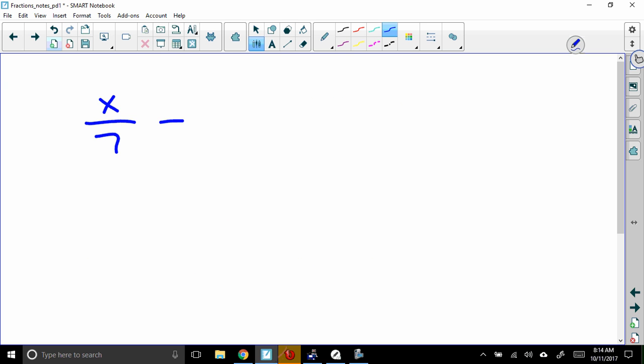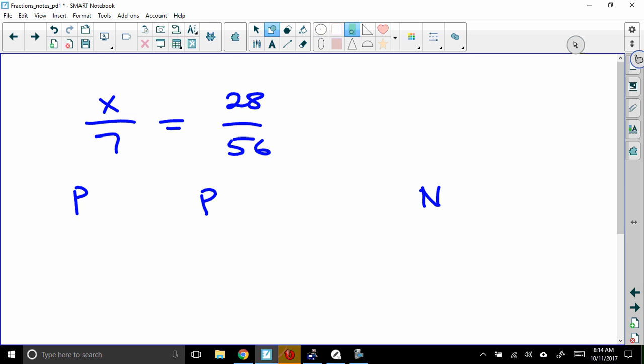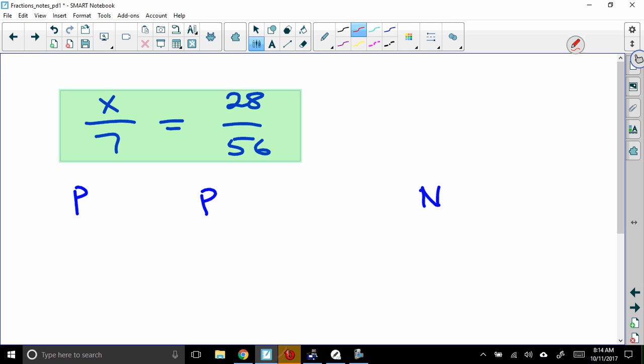X is to 7, as 28 is to 56. What's that called? Starts with a P, has another P in it, ends with an N. Cross-multiplying is used to solve one of these. 7 times 28, oh man, that ends in a 6, right?